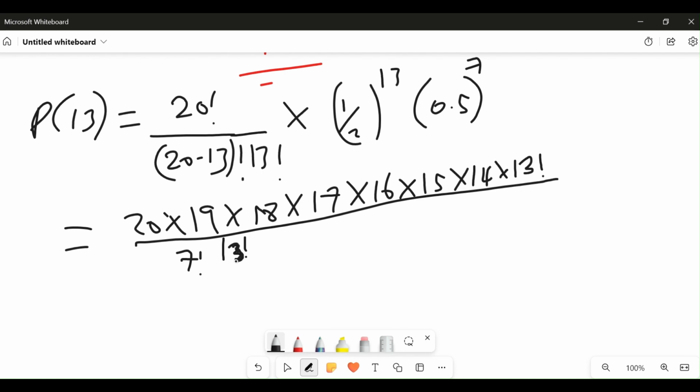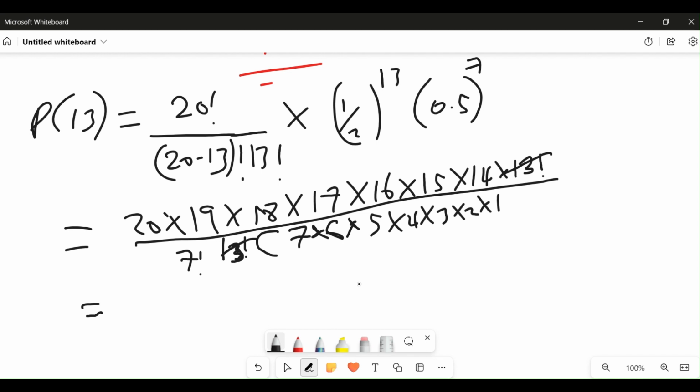This 13 factorial will cancel 13 factorial. So what we do simply is work with our calculator. Don't forget 7 factorial is 7 times 6 times 5 times 4 times 3 times 2 times 1. Now if we put this on our calculator, what do we have? This will be 20.